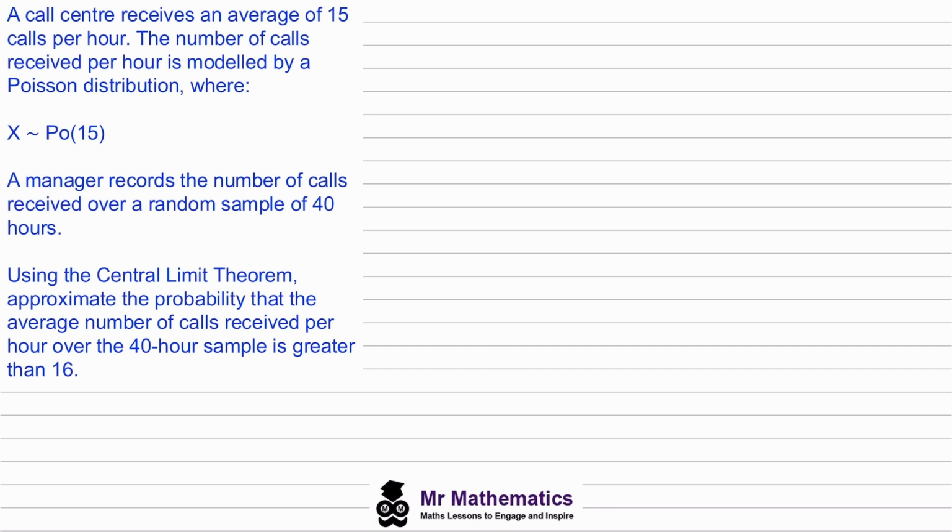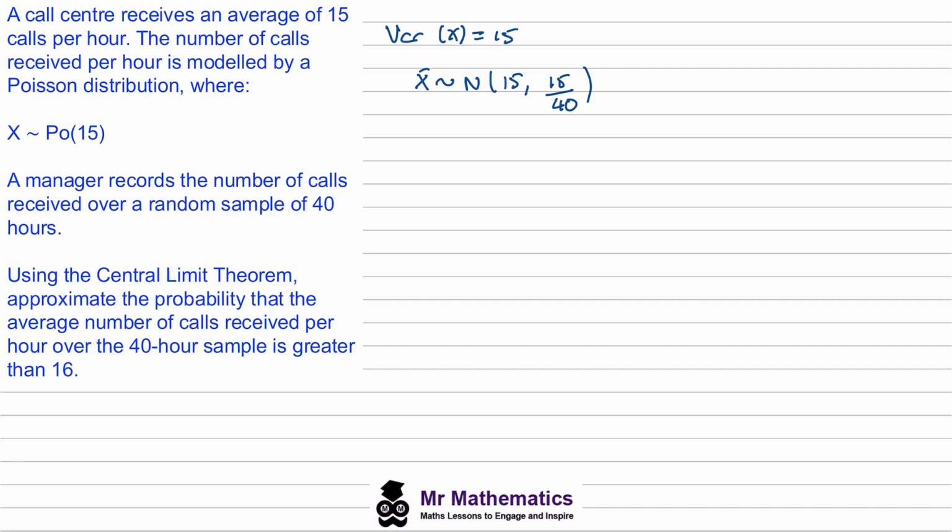So we know in a Poisson model, the mean is the same as the variance. So the variance of x should be approximately 15 as well. So we can define our sample mean, x bar, as being distributed normally with a mean of 15, this is taken from this Poisson model, and a variance of 15 over the sample size, and we're told that the random sample is 40 hours, so the sample size is 40.